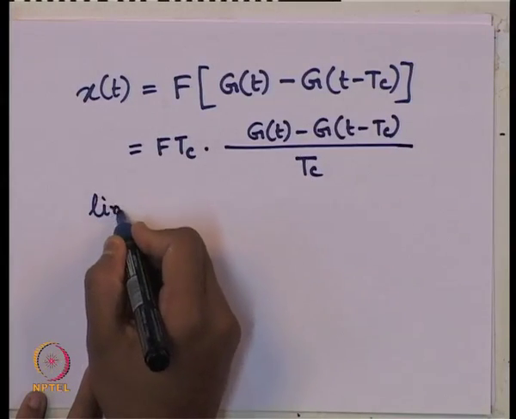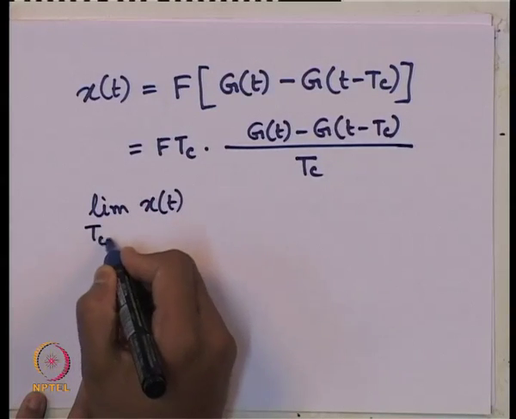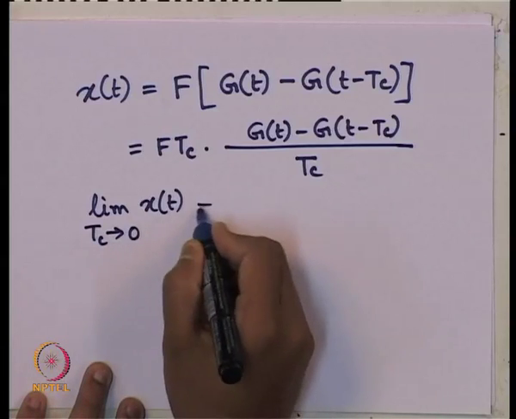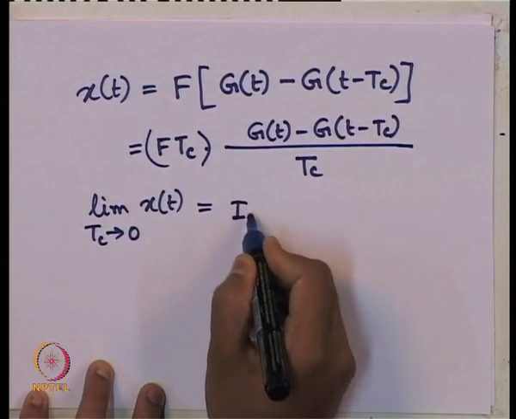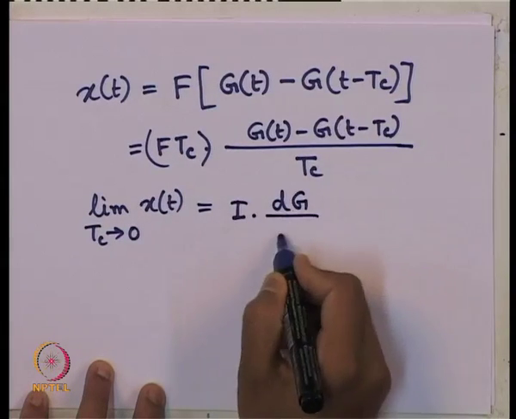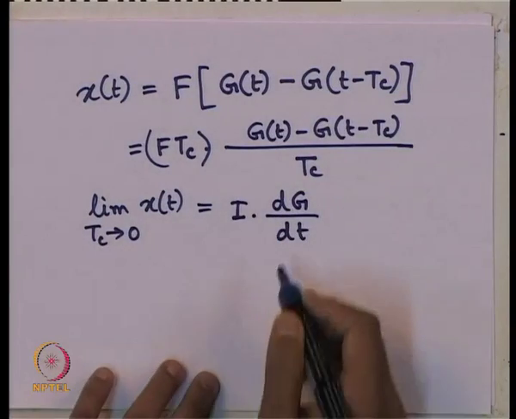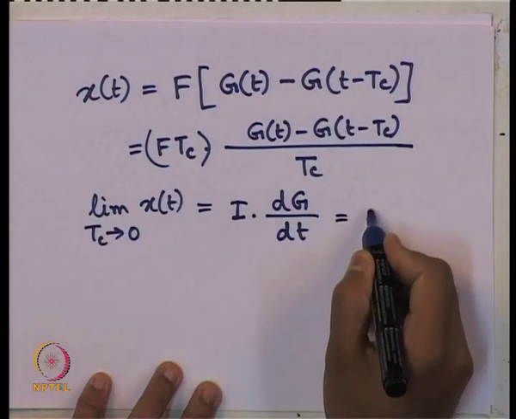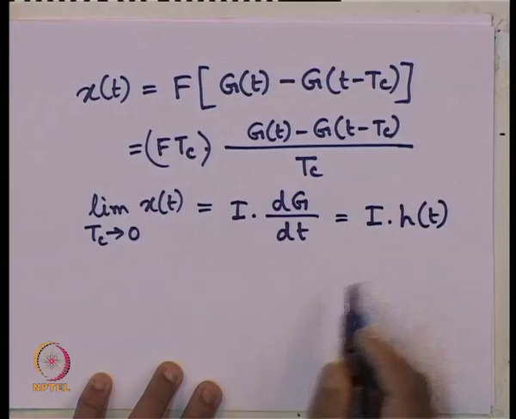If I take limit this x of t when T c tends to 0, it gives us impact, this is dg dt. This dg dt is expressed as h of t.